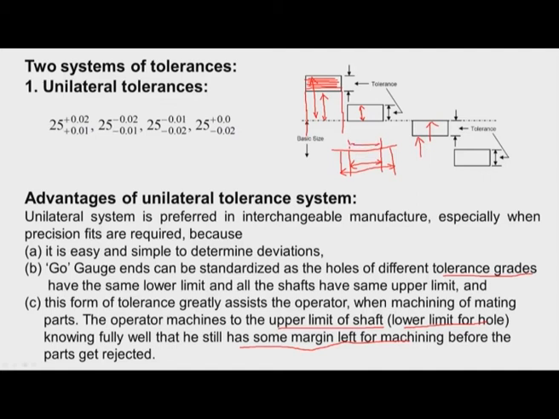Now he takes the drill tool corresponding to this basic size or lower limit and starts drilling, and there is a lot of material left. The size may increase because of the vibration of the tool, but still the workpiece can be accepted. The reason is that the upper limit of the hole is up to this.